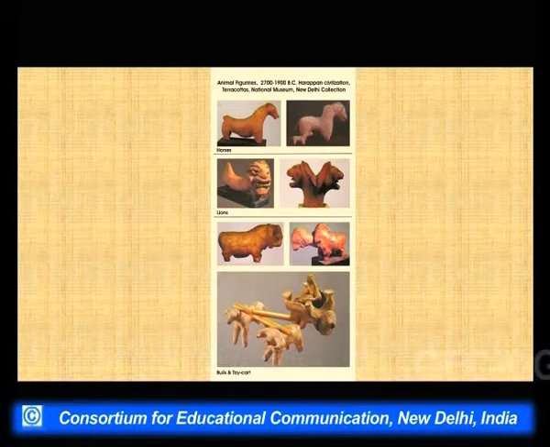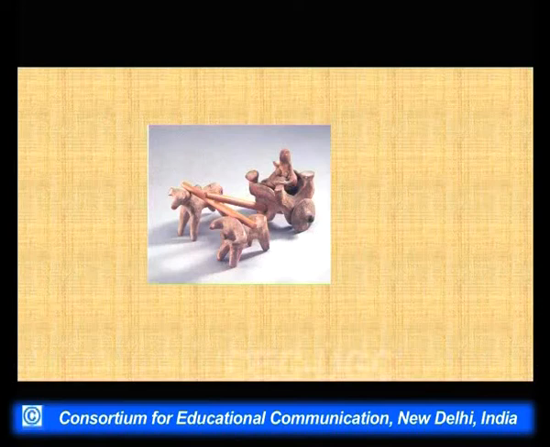A toy cart which is being pulled by bullocks is interesting, and you have many of these. They actually have dowels in the wheels so that they can be pulled with a string. So they must have been meant as toys probably. Here you can see a better version of the same.